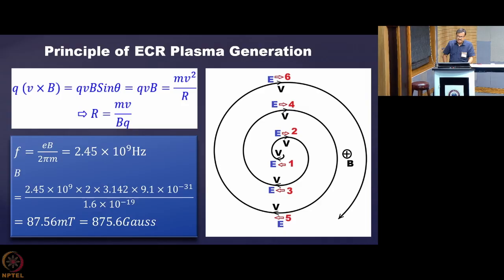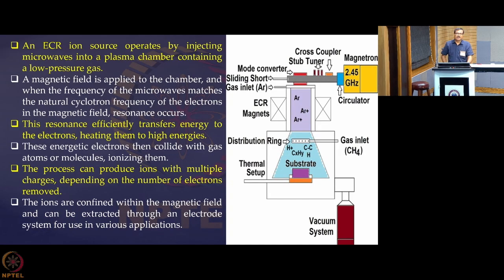So now you understand how one generates the resonance in the cyclotron motion of electrons. This ECR, electron cyclotron resonance, you are now able to understand how the cyclotron motion occurs due to the existence of the axial magnetic field.